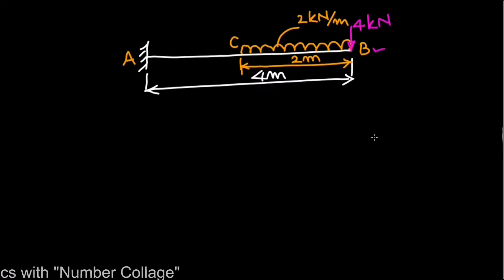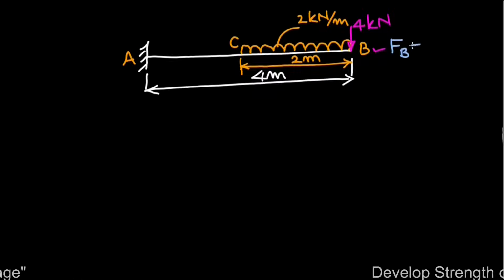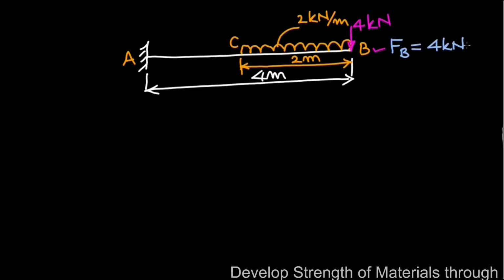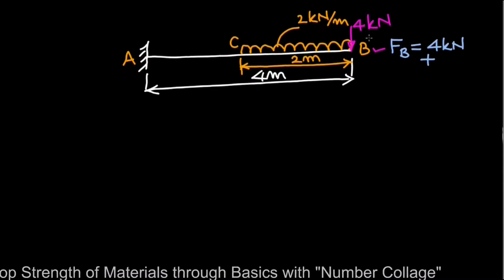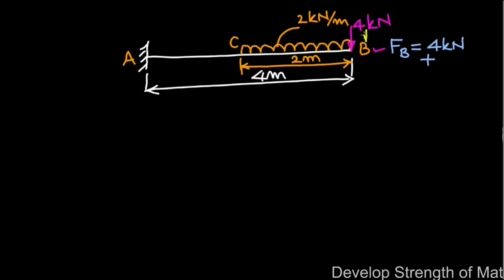Shear force at point B, FB, will be 4 kilonewton plus, according to the sign convention, downward to the right, upward to the left.